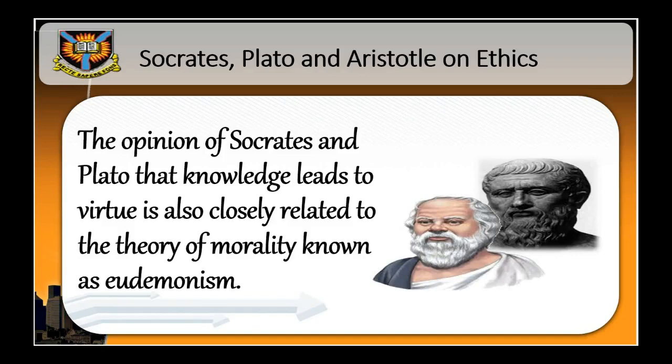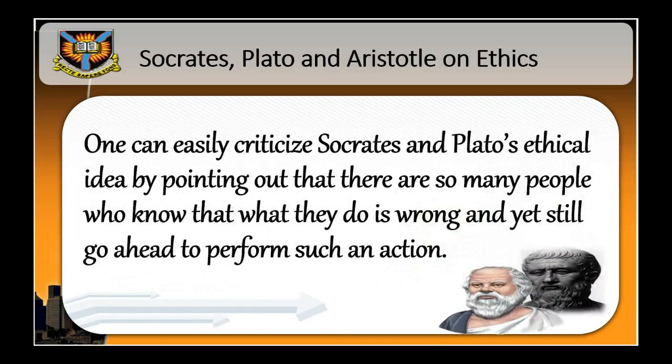Put differently, one can easily criticize Socrates and Plato's ethical idea by pointing out that there are so many people who know that what they do is wrong and yet still go ahead to perform such an action. Does it mean that a murderer does not know that it is wrong to kill, even when he himself does not want to die?